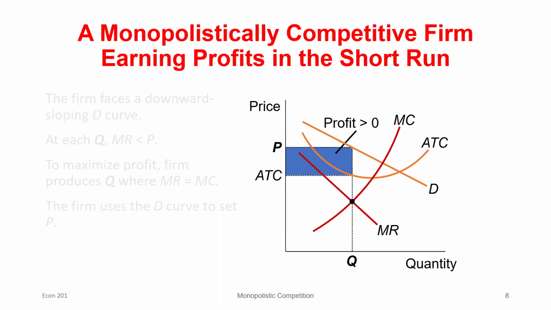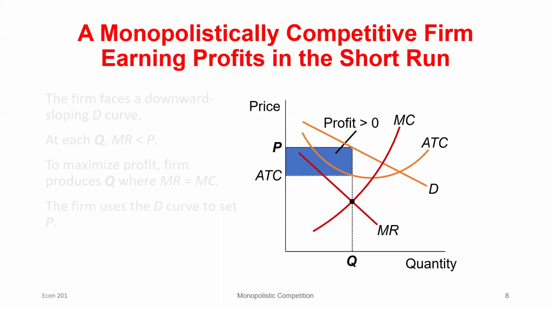Now, one thing that we'll use later on is, if I shut down, here was my profits. What is my fixed cost? I can write this as my average fixed cost times quantity. What are my average fixed costs?